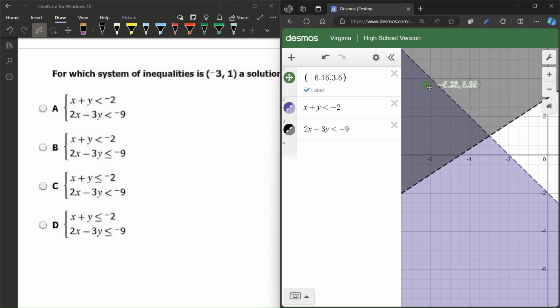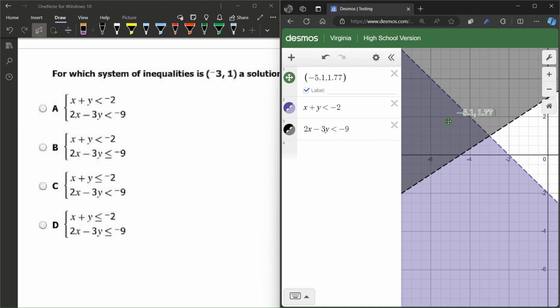So all of these numbers within the boundaries are the solution set. Now, if the dot happens to be on a boundary, the boundary has to be solid for it to be included in the solution set.